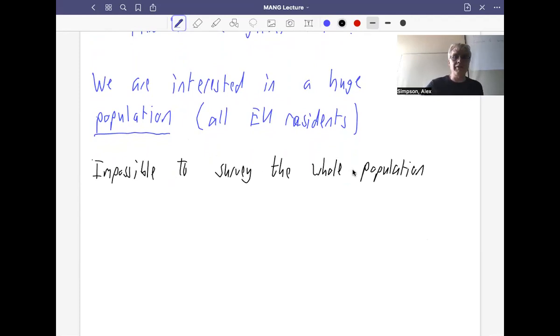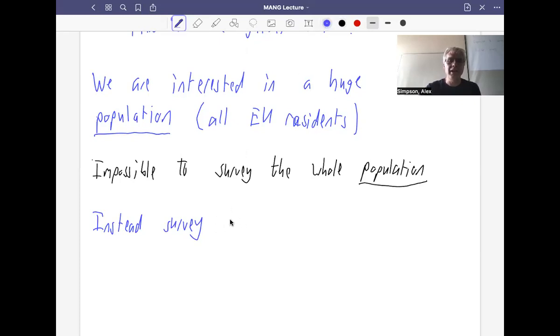So instead of surveying the whole population, we do the only thing we can do, which is we survey some of the population, but not everybody in the population. In statistics, the words population and sample have special meanings.